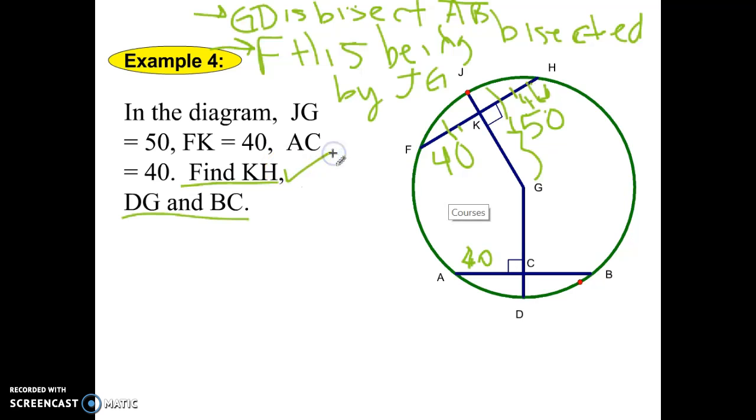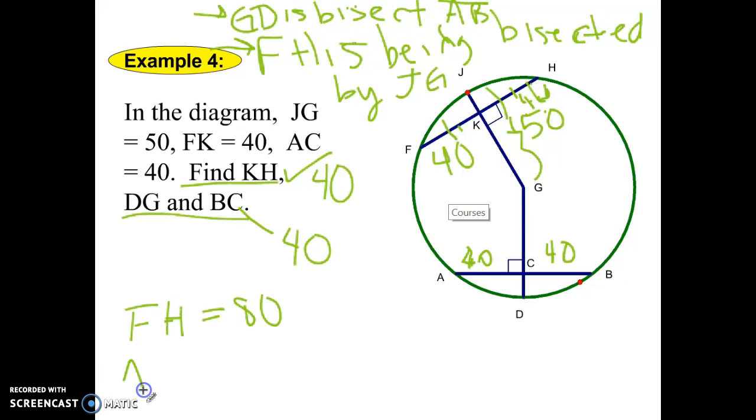So we found KH here. KH is 40. We said AB is being bisected, so that means CB is also 40. That was the other thing we wanted. And notice FK is 40, KH is 40. That means FH, the whole chord there, equals 80.